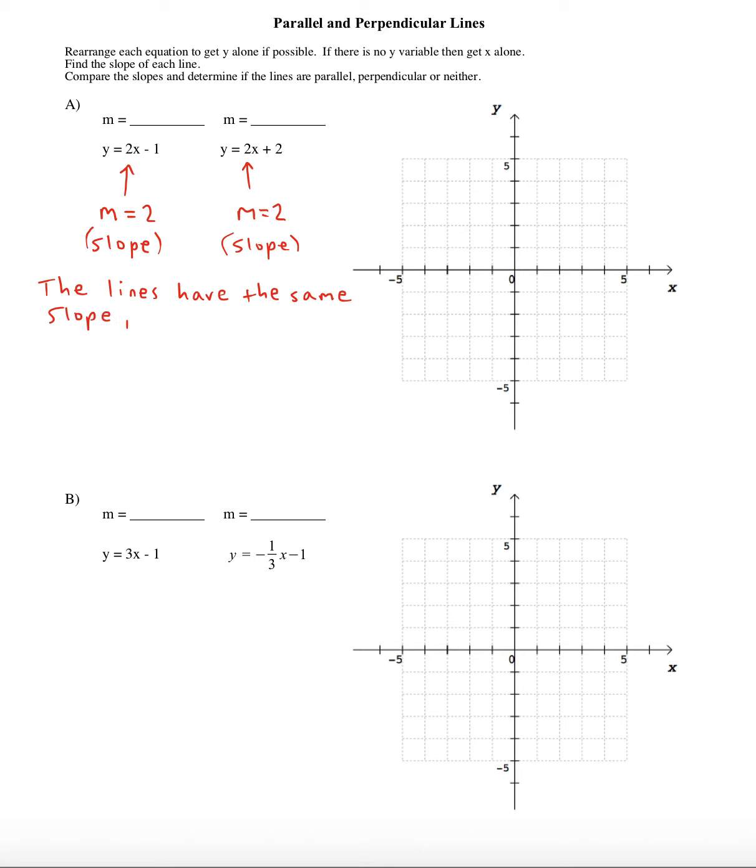But what about the b values? The b is -1 for the one on the left, and it's 2 for the one on the right. So, what type are they? From the equations alone, we can determine that the lines are parallel.